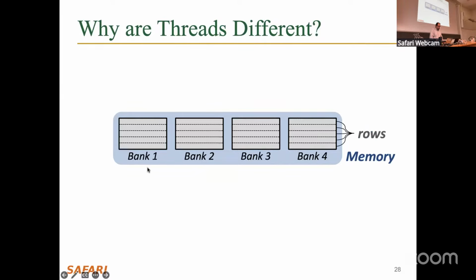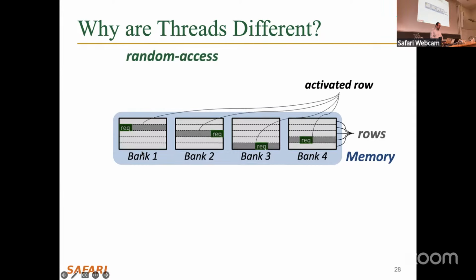So we have different banks. In our previous example, we were discussing a single bank scenario, but here we have multiple banks and we have multiple rows. When an application has random accesses, you will likely be able to use multi-banking. Those accesses can be mapped to different banks, so they can be serviced from these banks.